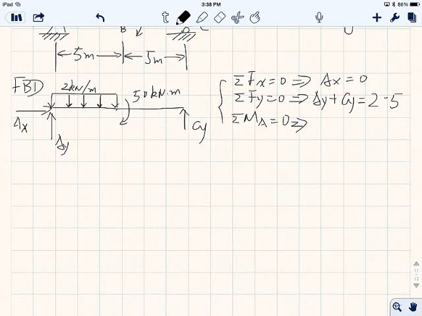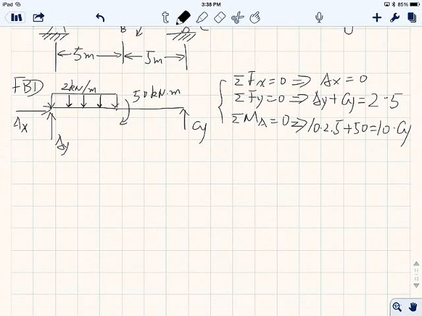So it causes the entire beam AC to rotate counterclockwise, right? All right, so now I know. So let's say 10 times 2.5 plus 50 should equal 10 times CY.